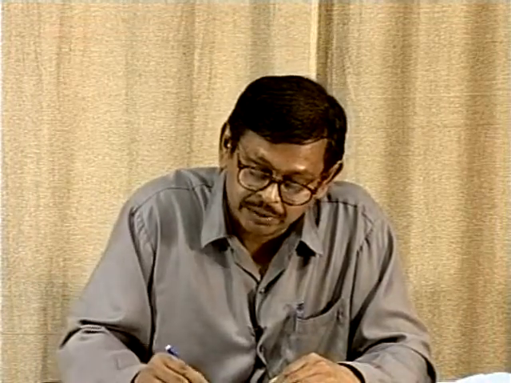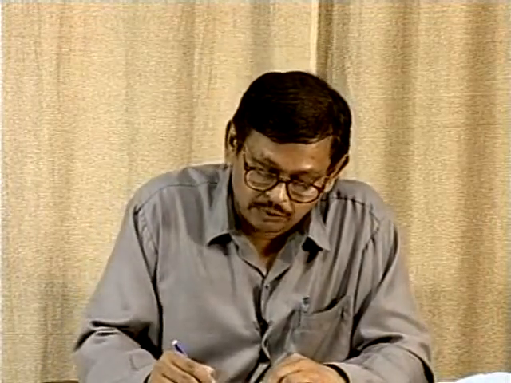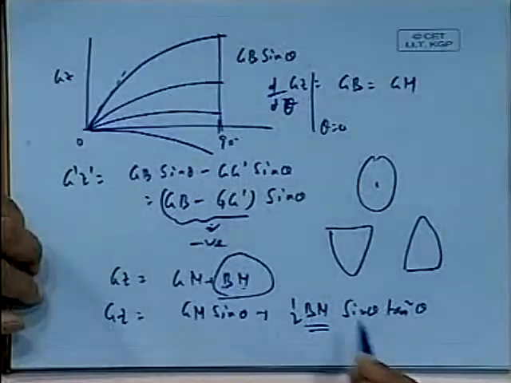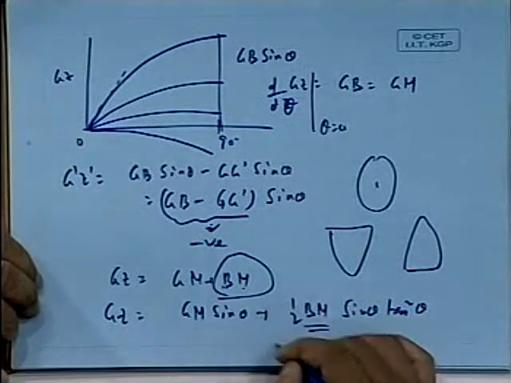There is a GM and a BM, and a non-zero value of BM exists only for a surface vessel. The wall-sided formula tells us GM sin theta plus half BM sin theta tan squared theta. Now for a submerged body, B is equal to M, so BM is always 0. So you don't have that for a submarine.